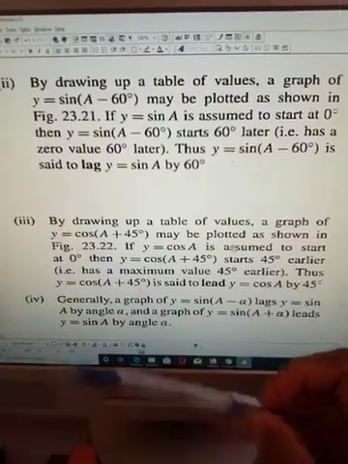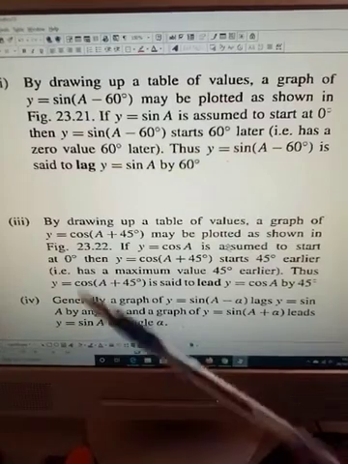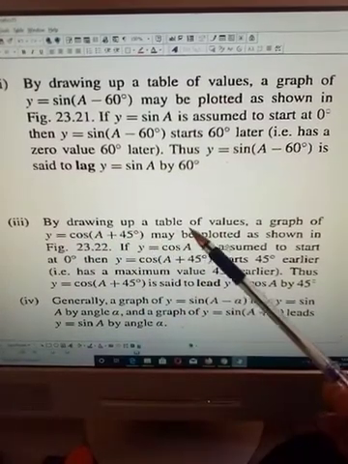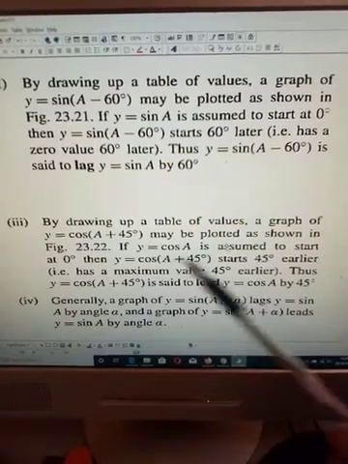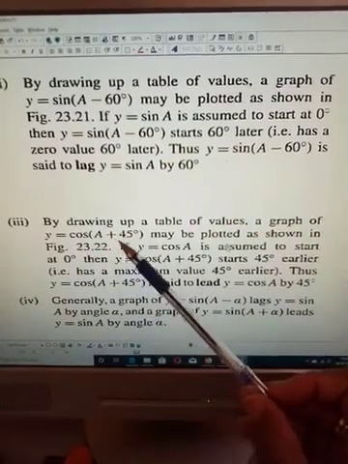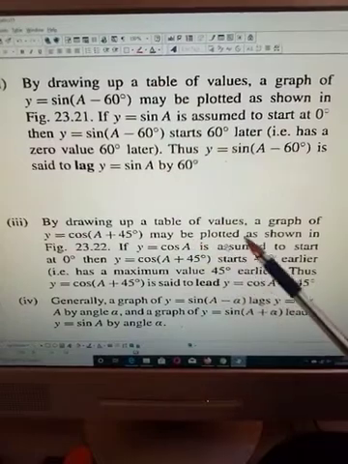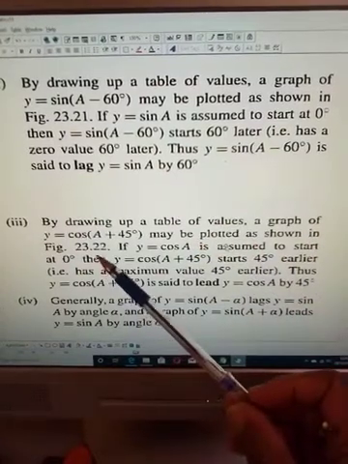Now, by drawing up a table of values, a graph of y equals cos(A + 45 degrees) may be plotted as shown in figure 23.22.